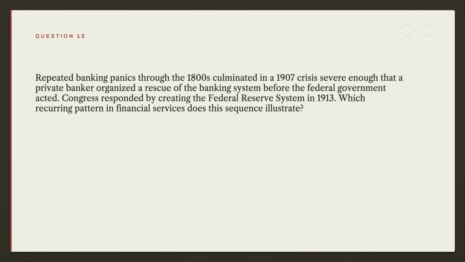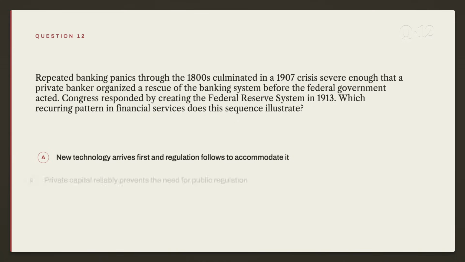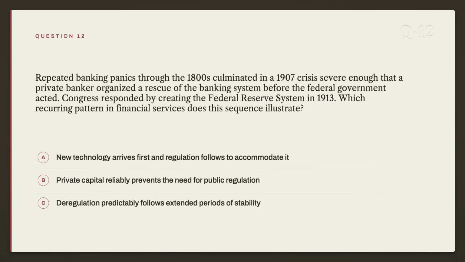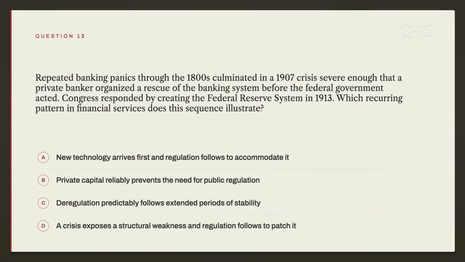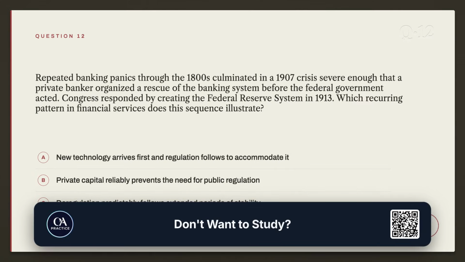Your options are: A. New technology arrives first and regulation follows to accommodate it. B. Private capital reliably prevents the need for public regulation. C. Deregulation predictably follows extended periods of stability. D. A crisis exposes a structural weakness and regulation follows to patch it. What's your answer? Commit to one before I continue.